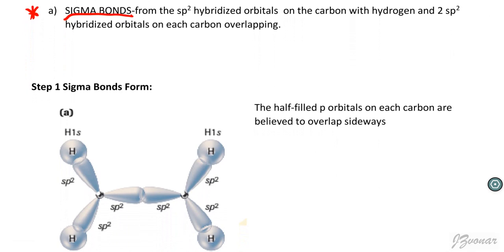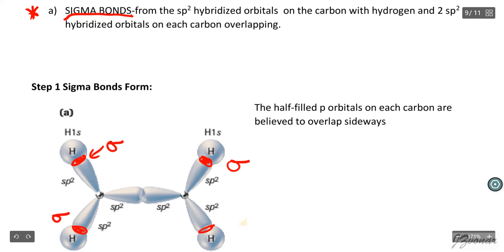What you see here in this diagram is the formation of the sigma bonds. There's one sigma bond being formed, which is my overlap right here. I've got another sigma bond overlap on this side of the trigonal planar, and over here is a sigma bond. As well, between the two carbons is another overlap, and this too is a sigma bond.